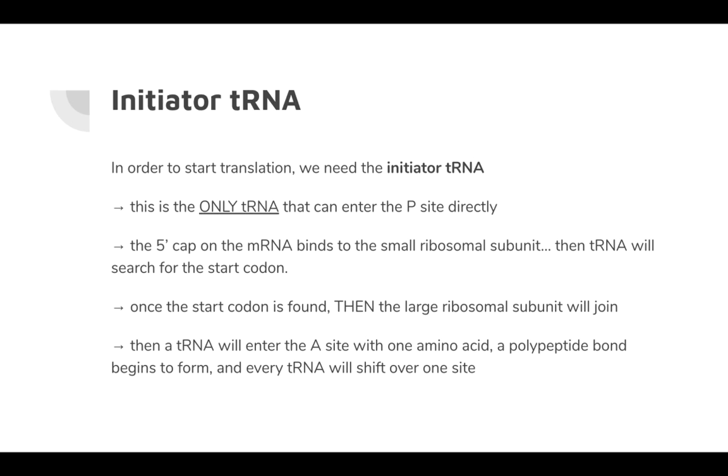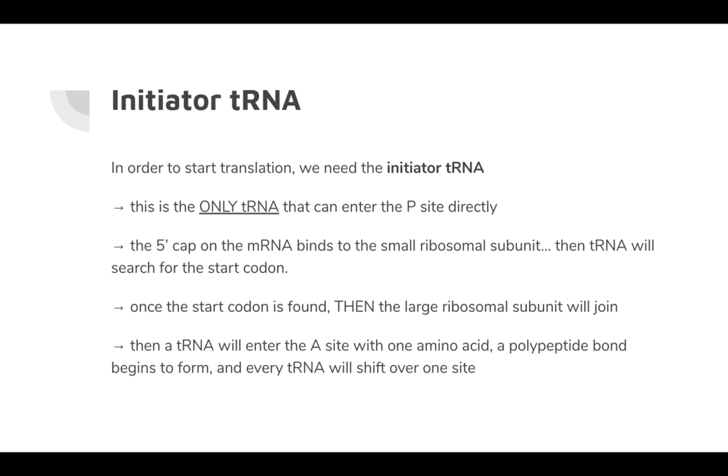Once the start codon is found, then and only then will the large ribosomal subunit join in. So essentially we have the smaller subunit and the larger subunit of the ribosome sandwiching the mRNA strand. We have the initiator tRNA in the P site, and then the large ribosomal subunit comes in. The small has already been there.